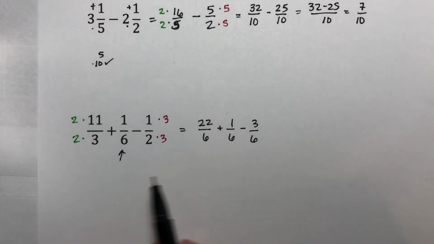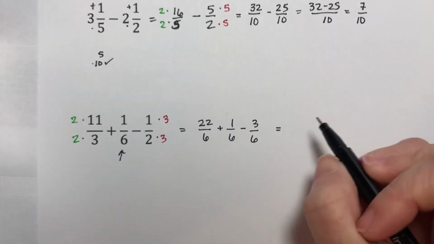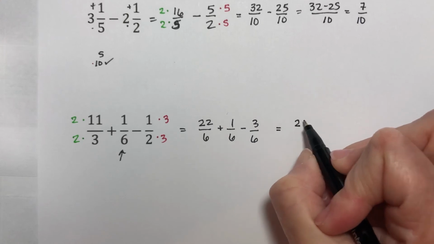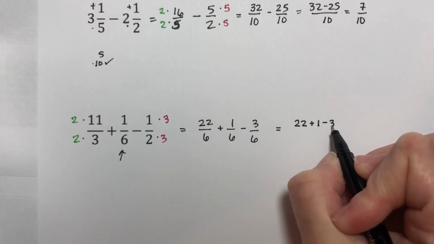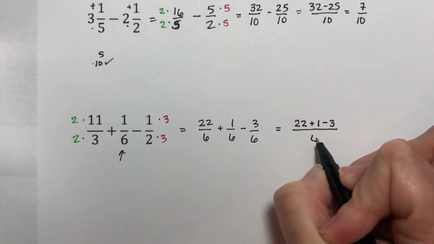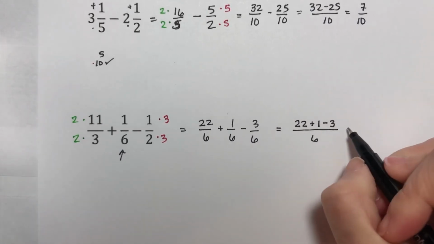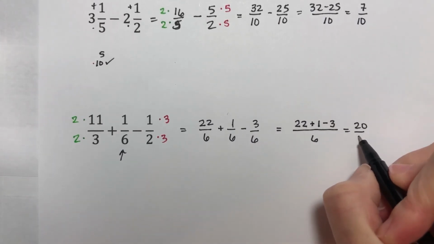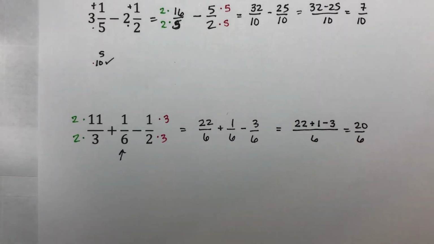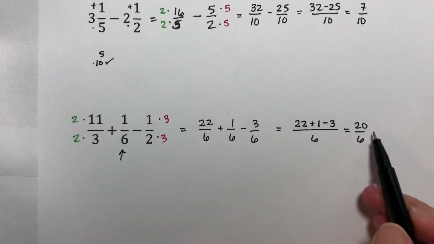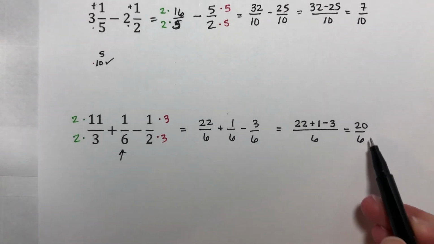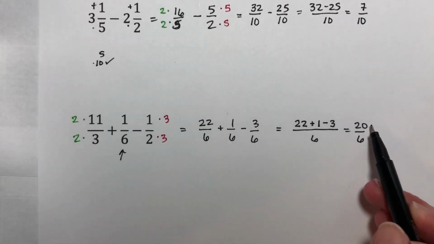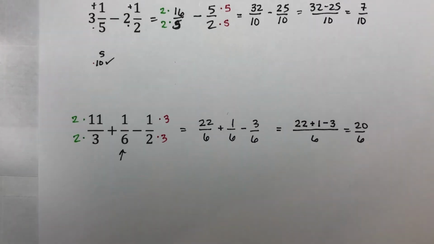And now that they all have a common denominator, I have 22 plus 1 minus 3 over 6. 23 minus 3 would be 20 over 6. Now, not only is this an improper fraction and they might want a mixed number, but it is also not in lowest terms because both of these are divisible by a 2.